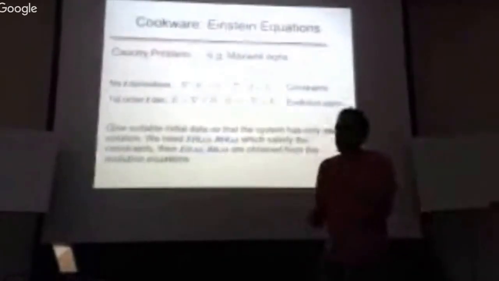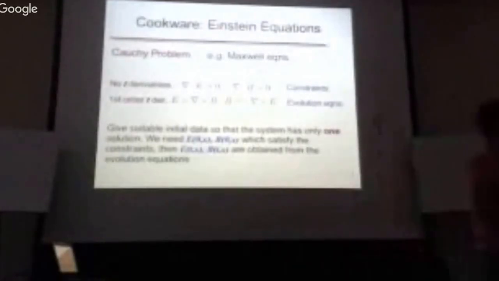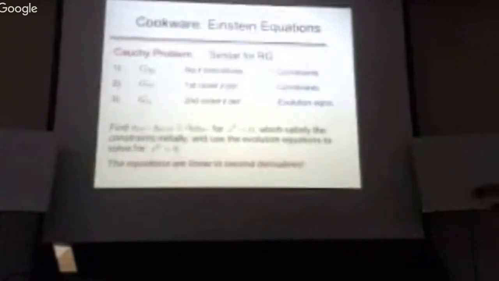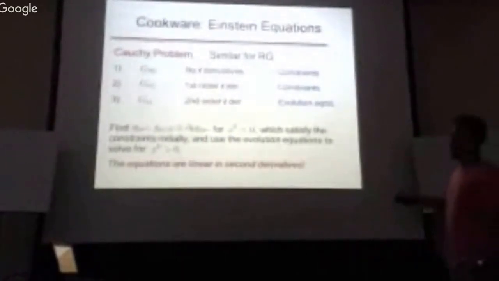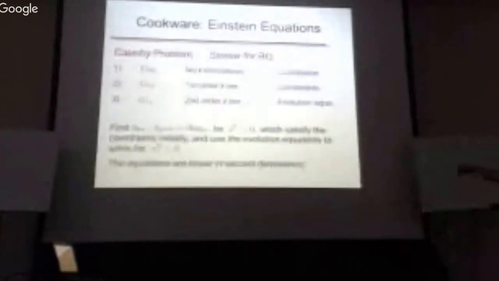So the equivalent to the electromagnetic field are the components of the metric. So we can actually do the counting, and we have 6 evolution equations. Why? Because we only have the spatial part of the Einstein equations that gives us the evolution equations, and that's also symmetric.